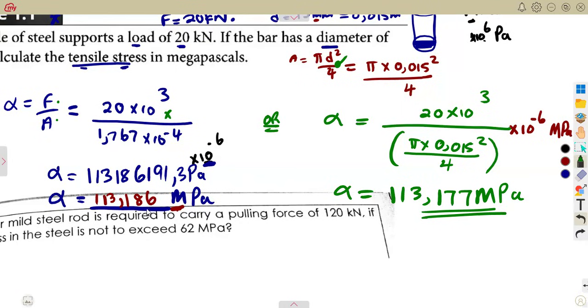So you see now that the rounding off of the area is affecting our answer a little bit. So in order for you not to have your answers affected and have a direct answer, it will be best that you just substitute directly like this, because this is the exact answer that you're supposed to be getting.